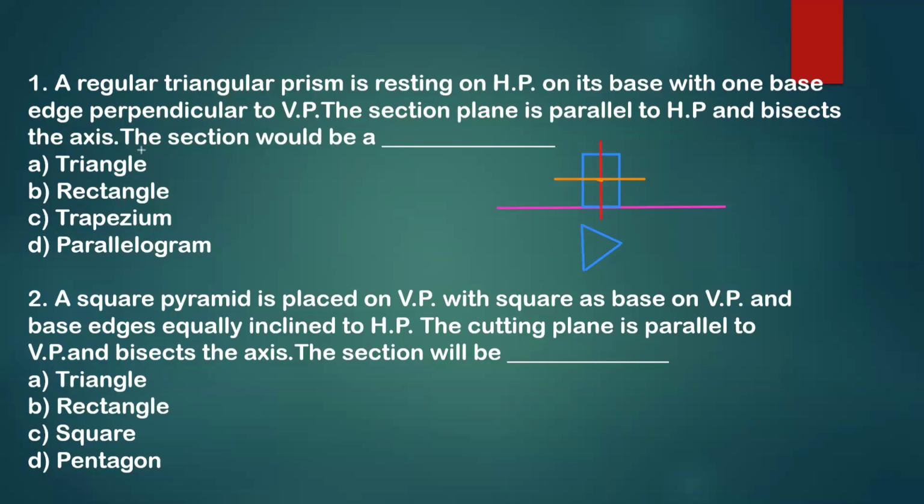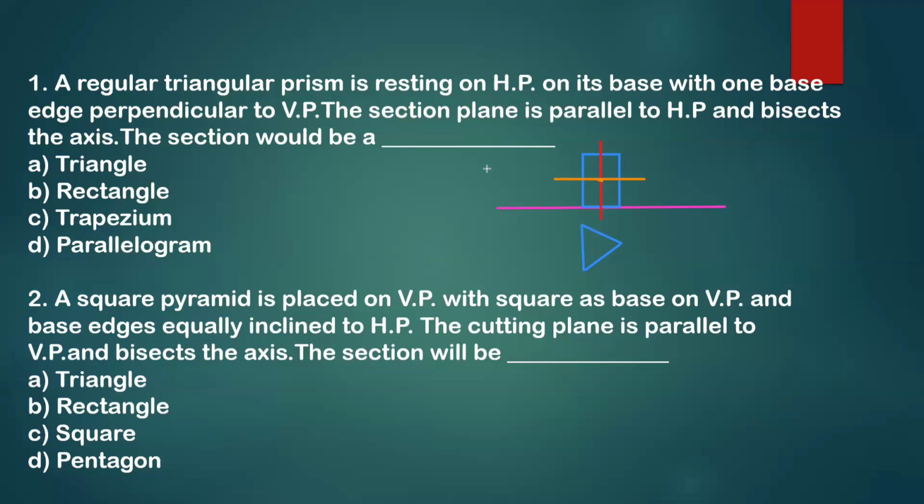Then what is the question? The section would be, meaning the sectioned portion would be. When we cut this triangular prism with this section plane, which is parallel to the HP, the sectioned portion we'll get in the top view.